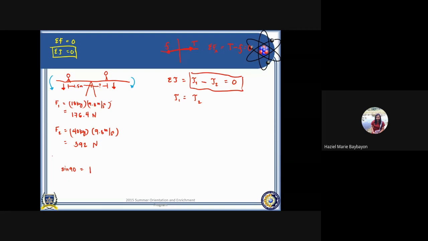Therefore, torque is equal to R cross F, equals RF sine theta.